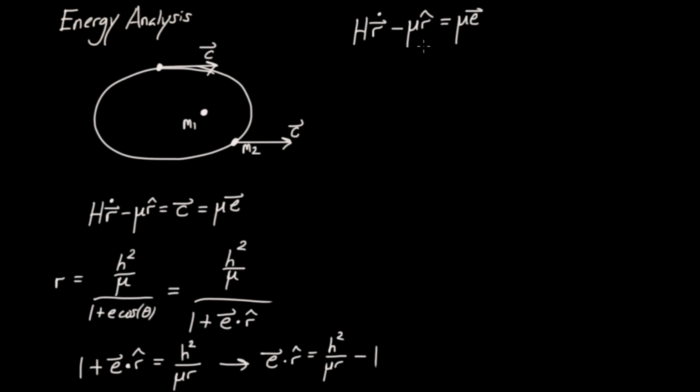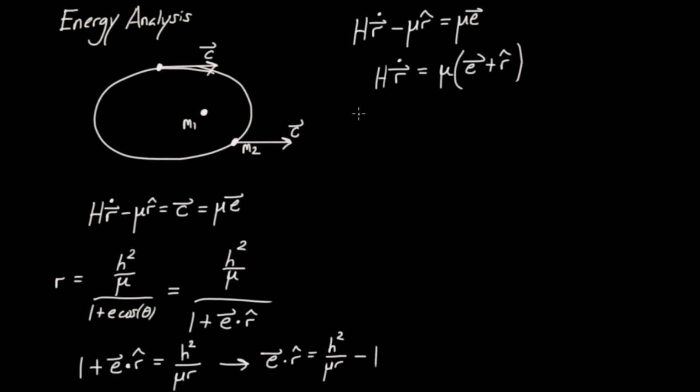Now I'm going to move this quantity, minus mu r hat, to the right hand side. So I have h r dot is equal to mu times e plus r hat, also factoring out that mu.